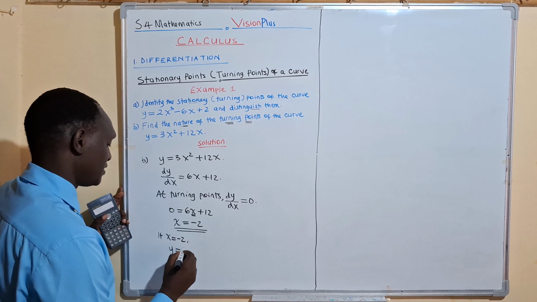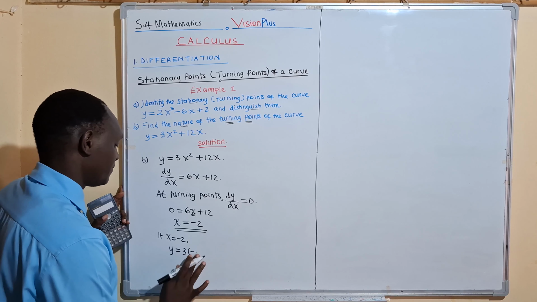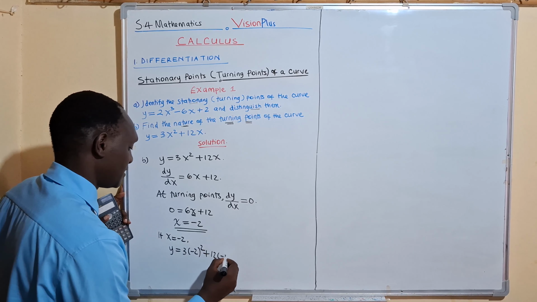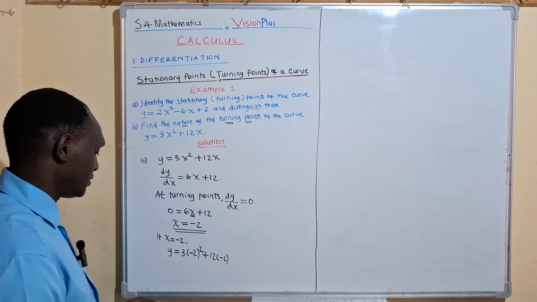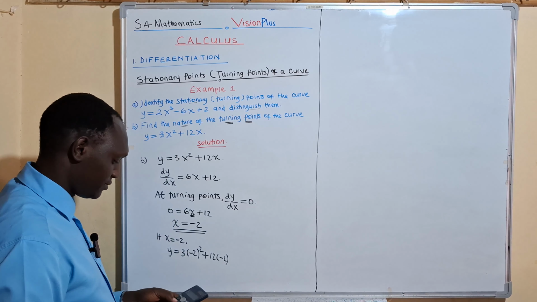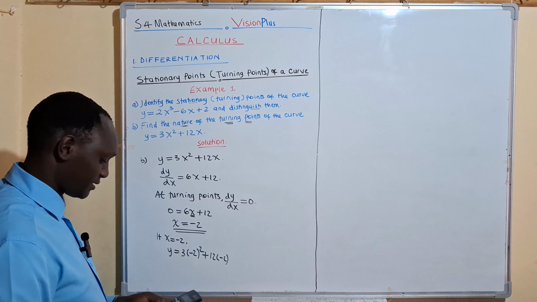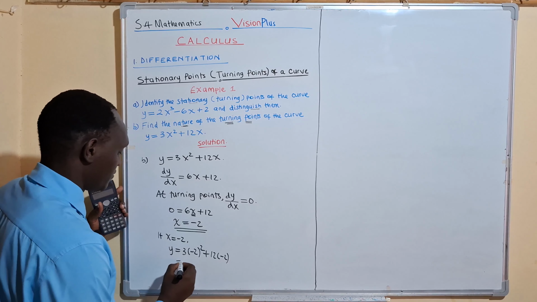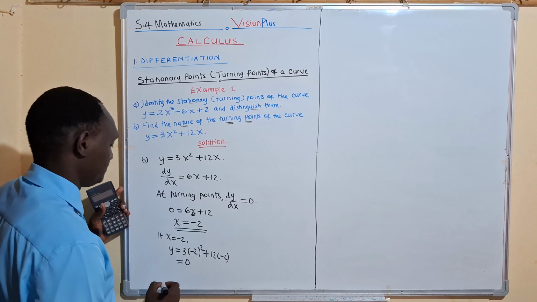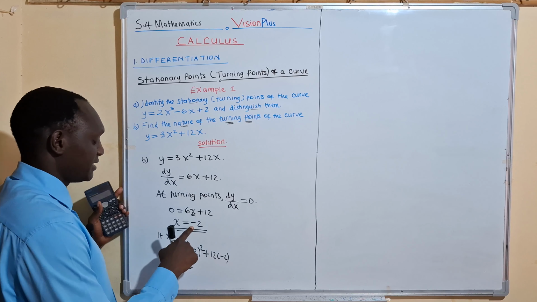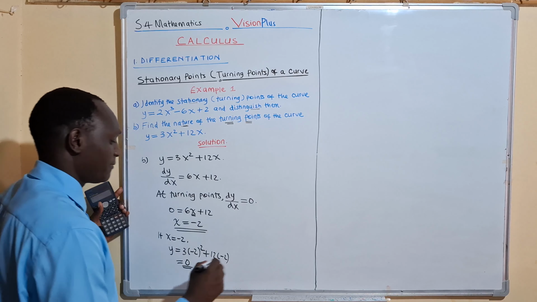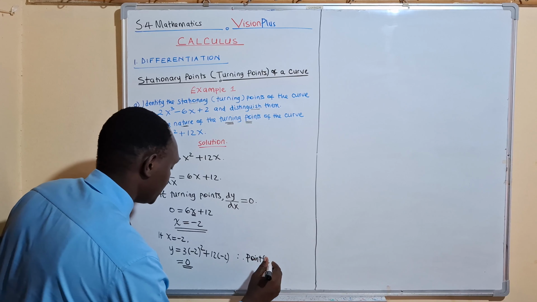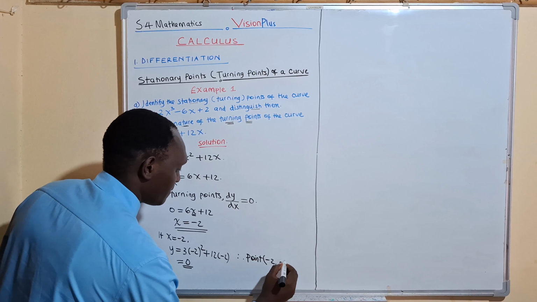So y becomes 3 times negative 2 squared plus 12 times negative 2. It is 0. Okay? So, when x is negative 2 at the turning point, y is 0. Therefore, the turning point is (negative 2, 0).